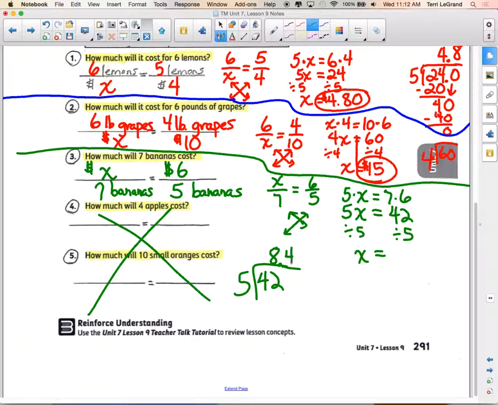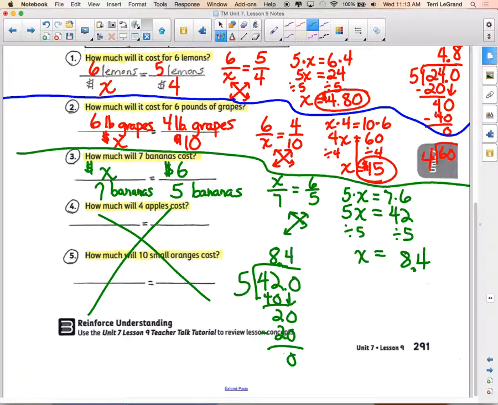So I'm going to check her out and see if that's what I get. 8 times 5 is 40. That would be 2. Bring down that 0. 5 times 4, yep, that's 20. Take that 20 away, I have 0. It's 8.4. What is that X representing in this problem? Dollars.